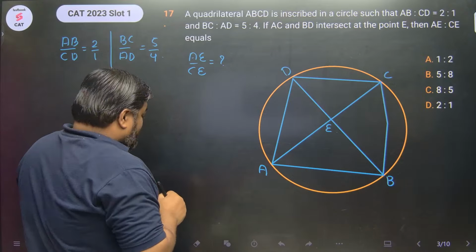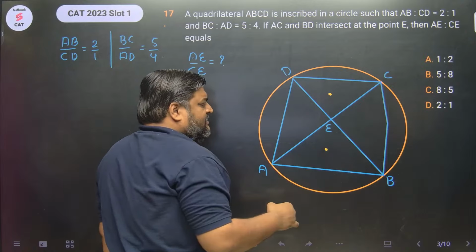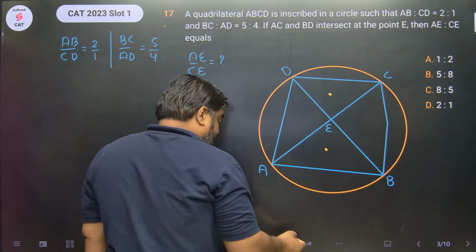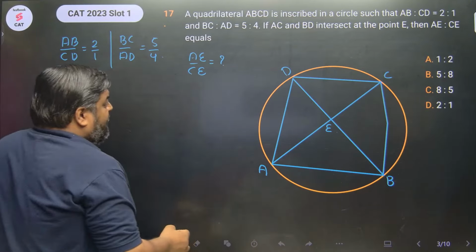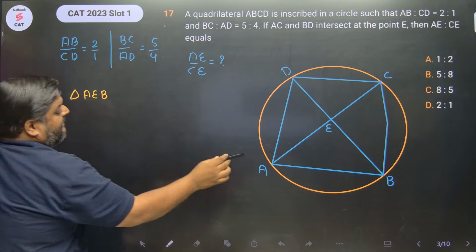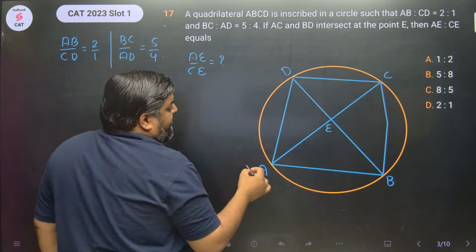Now, if you focus on these two triangles, this triangle and this triangle, they are similar triangles. How? Look, focus on triangle AEB and this other triangle.